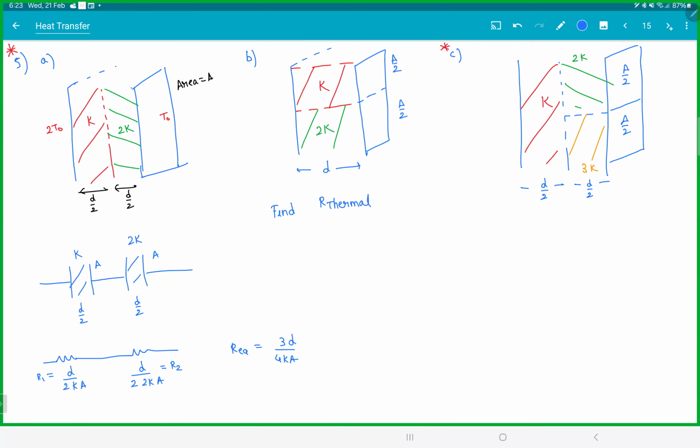The same question we'll do in capacitors. There we'll call K the dielectric constant. Get B, everyone. B is easy.